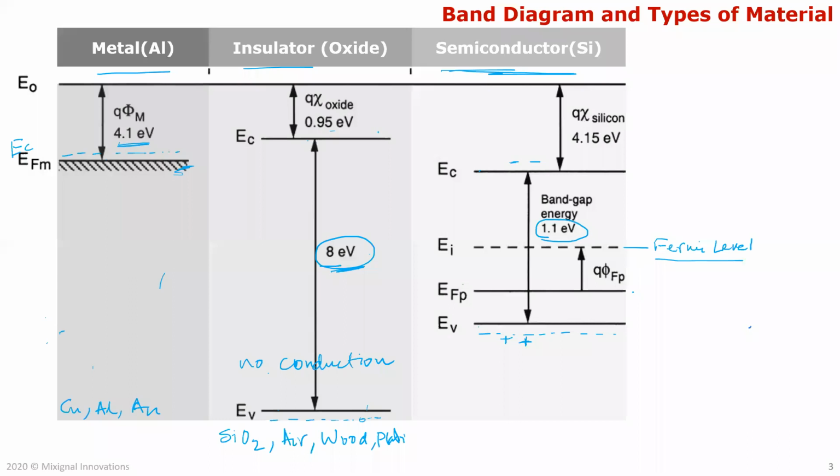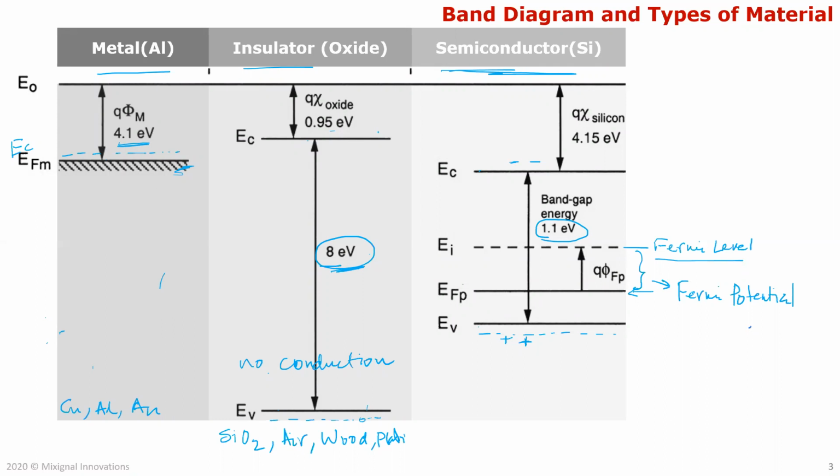In that case, you get a Fermi level which is either lower, if there are more holes, or higher than the intrinsic level. This quantity is called the Fermi potential, which is a function of your doping. I'll explain doping a little bit. I'm just going a little bit ahead, but I'll explain that.